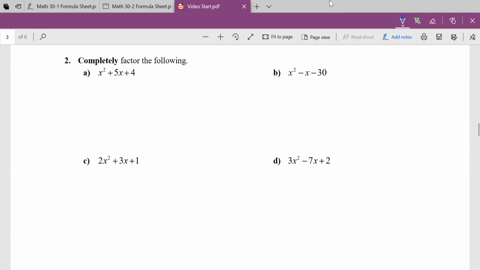Then after greatest common factor and binomials, we get into simple trinomials. What makes these simple? Well, the lead coefficient is 1. So what we say is we need two numbers that multiply to 4 and add to 5.